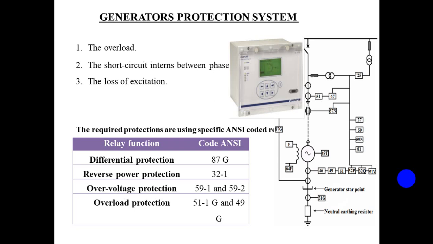Protection against insulation failure: the main protection provided in the stator winding against phase-to-phase or phase-to-earth fault, as shown in these pictures, is longitudinal or differential protection of the generator. The second most important protection scheme for the stator winding is inter-turn fault protection.